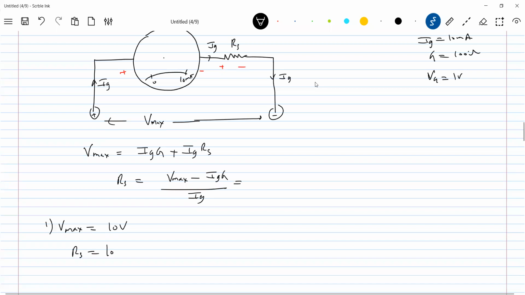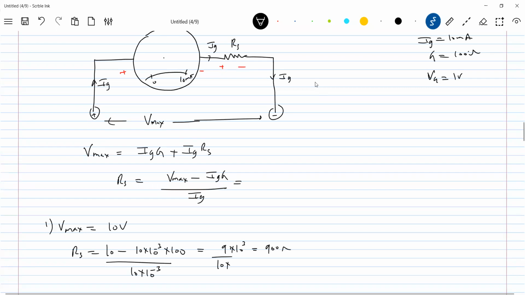V max should be 10, Ig value is 10 into 10 to the power of minus 3, G value is 100. 10 minus 1, 9. So this will be 900 ohm.